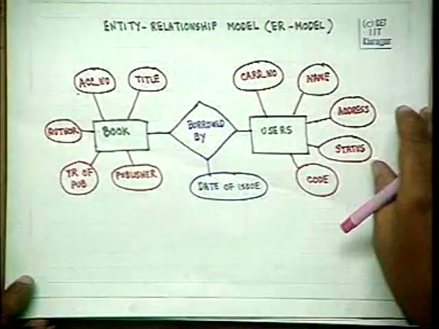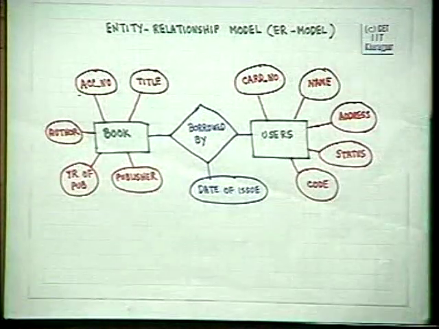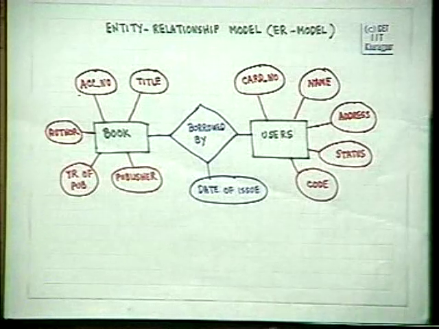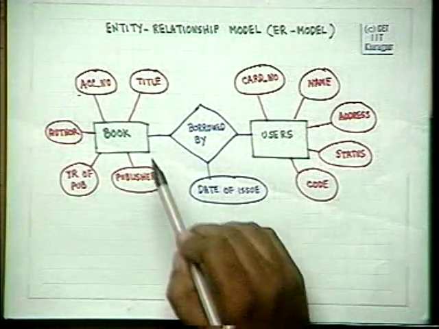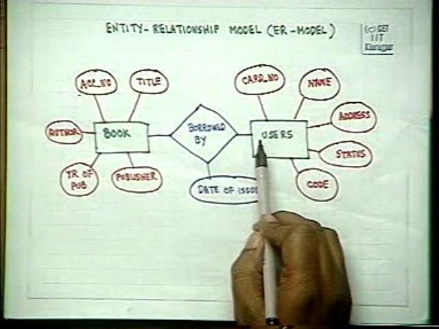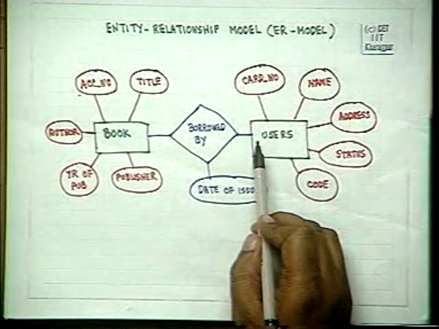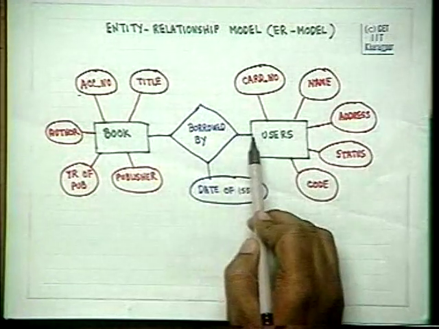Let us come to the original diagram which we were trying to do. Let us come to this simple diagram. How do we specify these mapping constraints? Between books and users, the mapping constraints will be specified on these links.